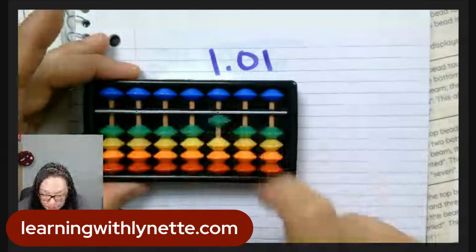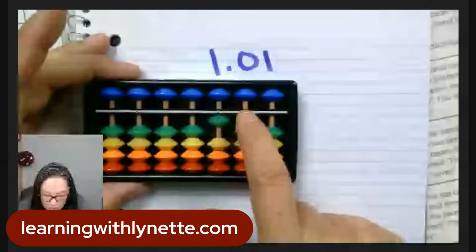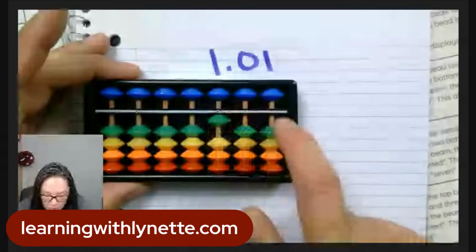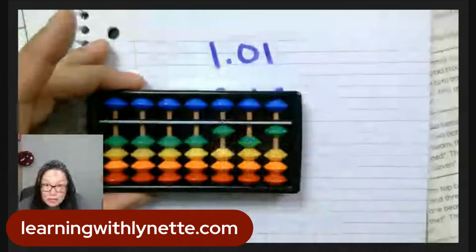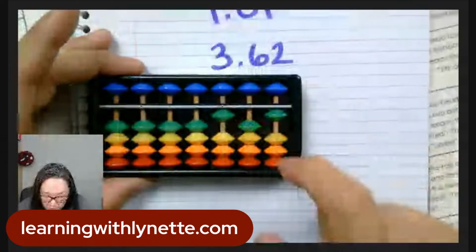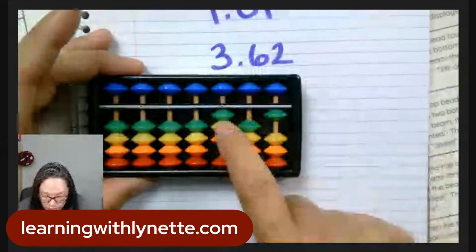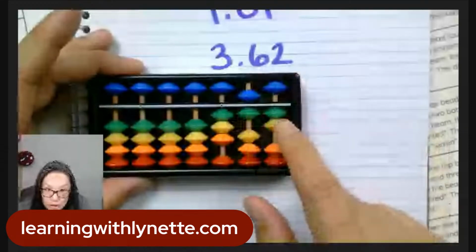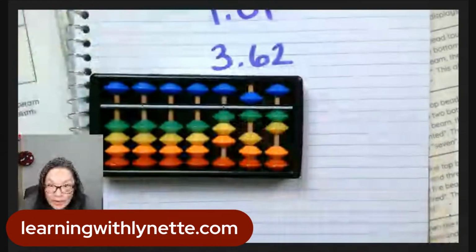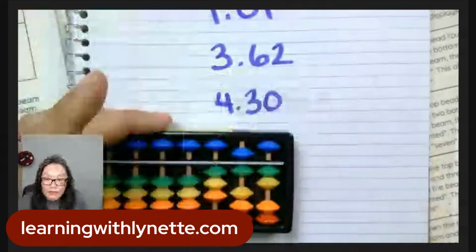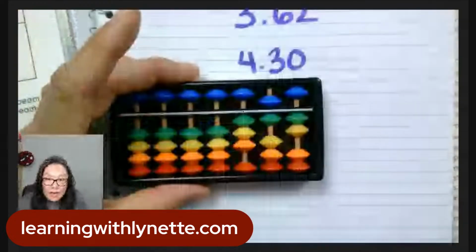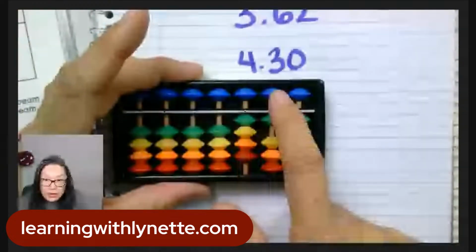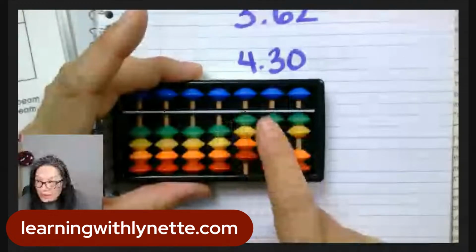We have 1.01. If I did this number, it'd be 123.62. And then if I do my next one, I have 44.30.